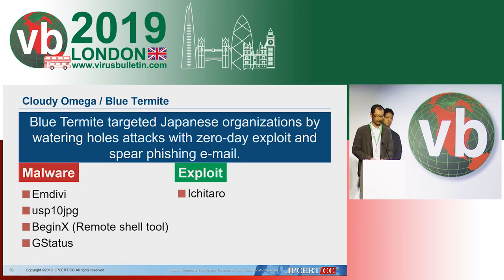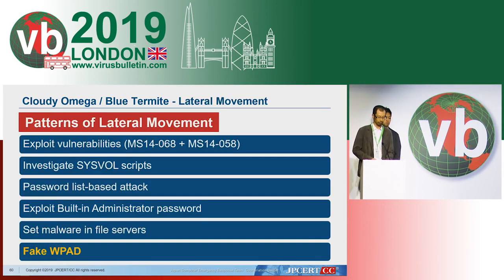Next is Blue Termite. The Blue Termite campaign uses various TTPs for lateral movement. These are examples of the lateral movement techniques used in Blue Termite campaigns. Fake WPAD is an outstanding feature.